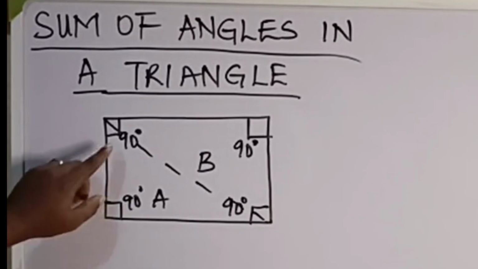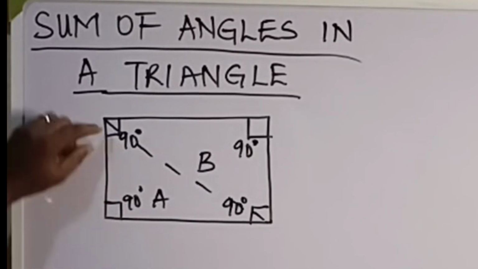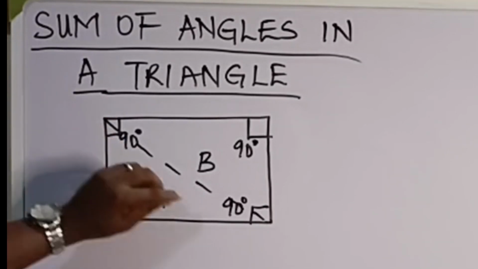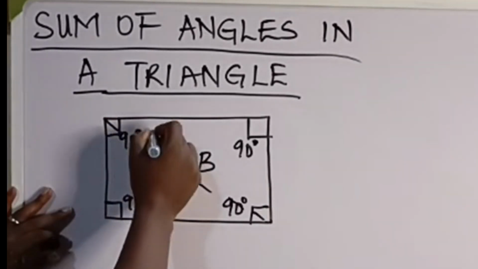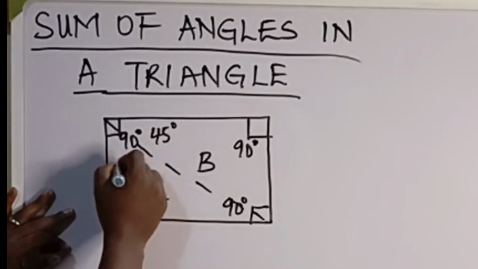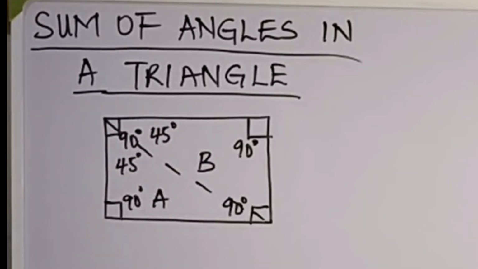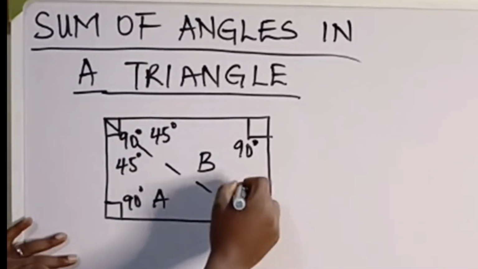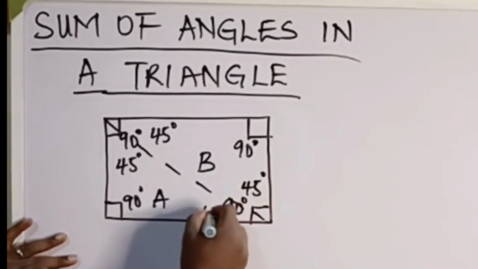Let's continue. Looking at this angle here, initially it was 90 degrees, but when it was split into two, this means this side is 45 degrees, this side is 45 degrees. Also, over here, this diagonal line split this 90 degrees into two. Therefore, here is 45 degrees, here is 45 degrees.